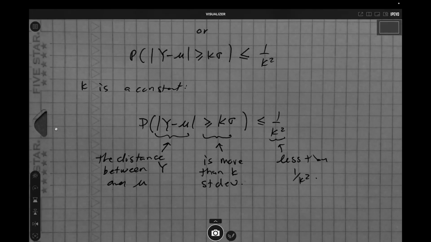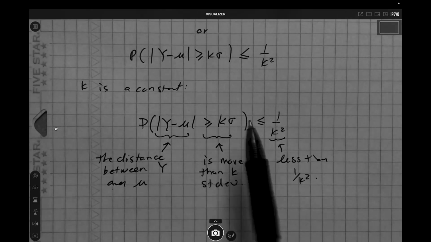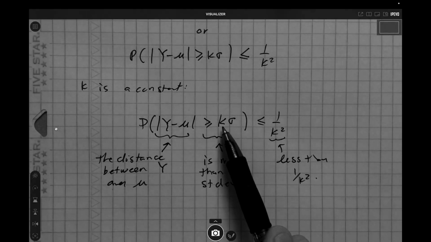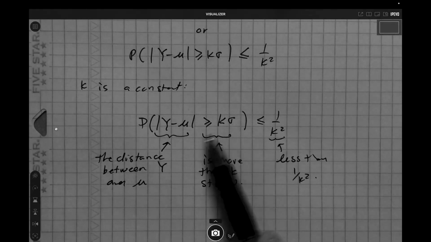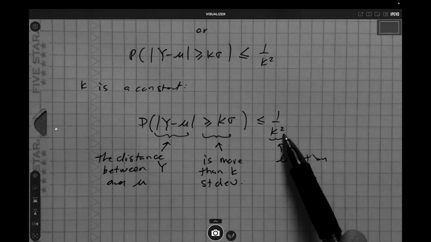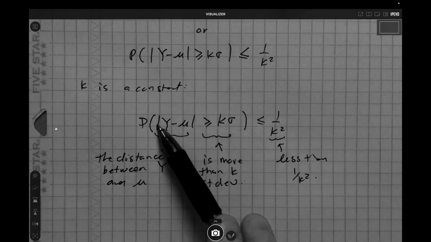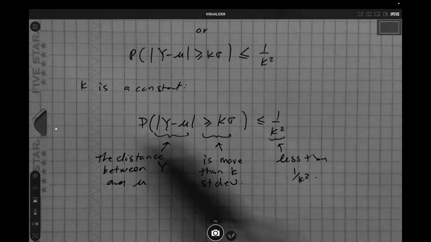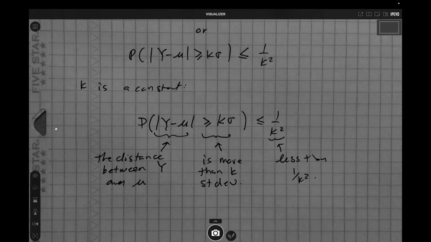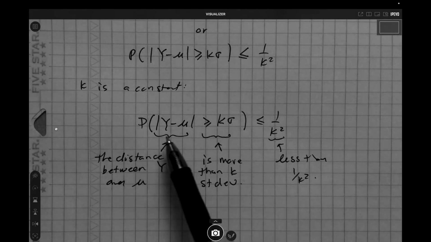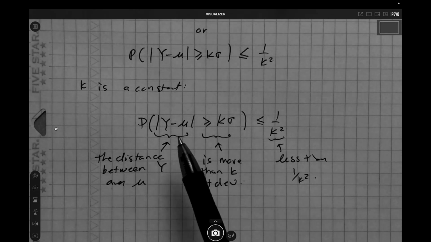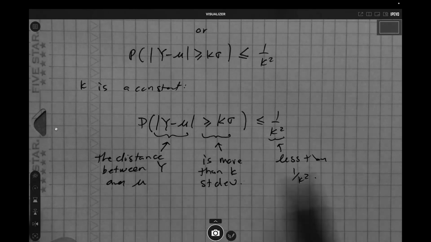Right? So that whole probability has to be less than 1 over k squared. So for example, if we're talking about 4 standard deviations, that probability would be less than 1 over 16. If we're talking about 2 standard deviations, it's 1 over 4, right? So it's very simple, actually. It's a really simple expression. It's just that sometimes people get hung up on the way it's notated. Okay, but that's all it's saying.